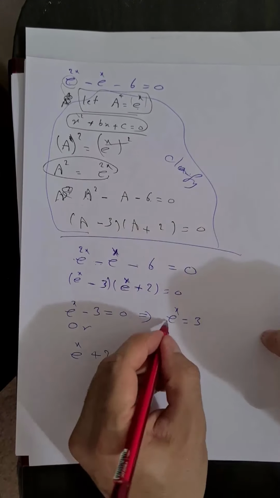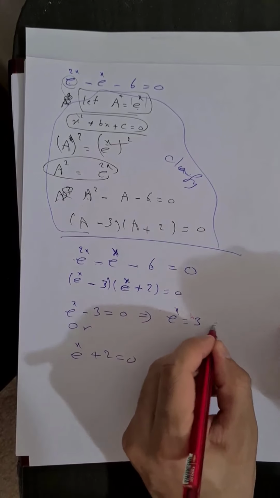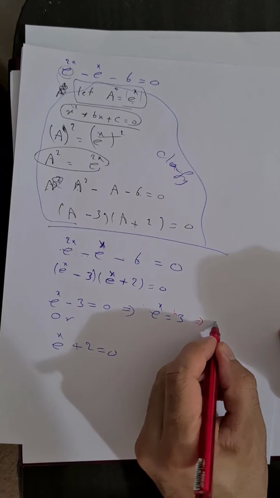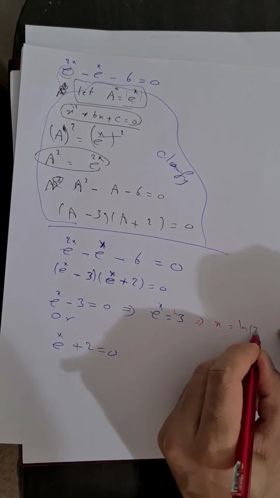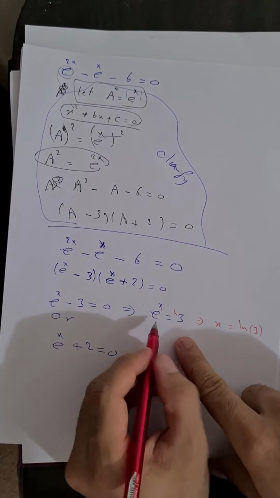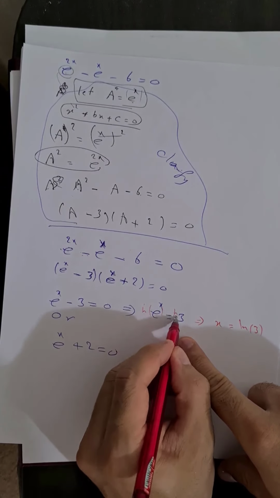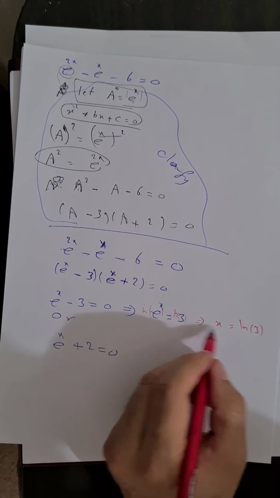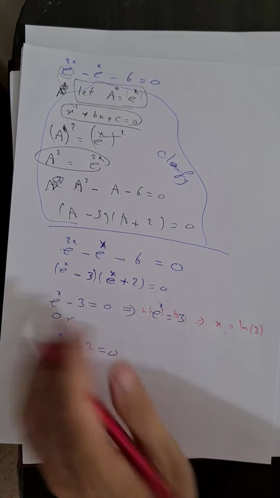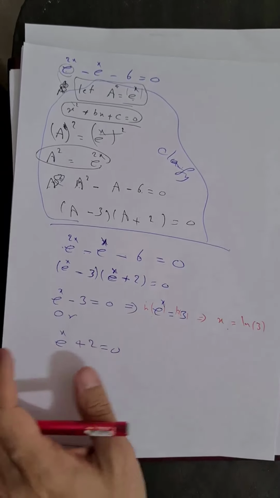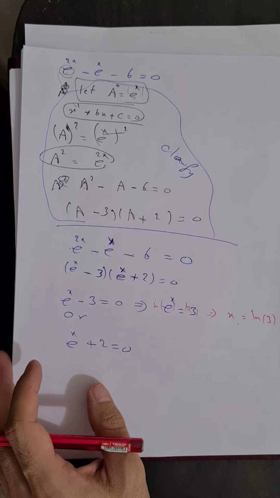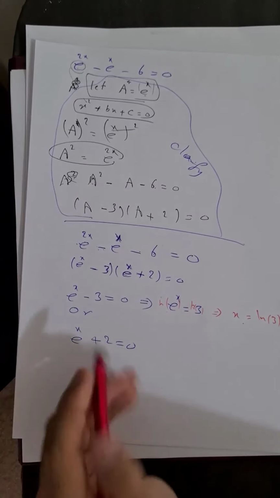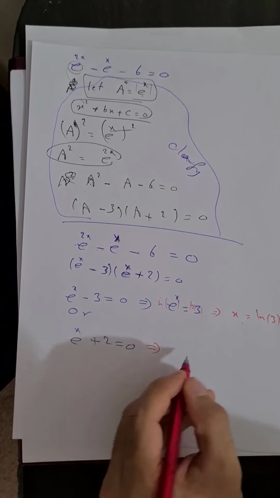So take ln of both sides and you get x is equal to ln of 3. Am I right? The x comes down, ln of e is equal to 1, and that's why I get x on the left side and ln of 3 on the right side.